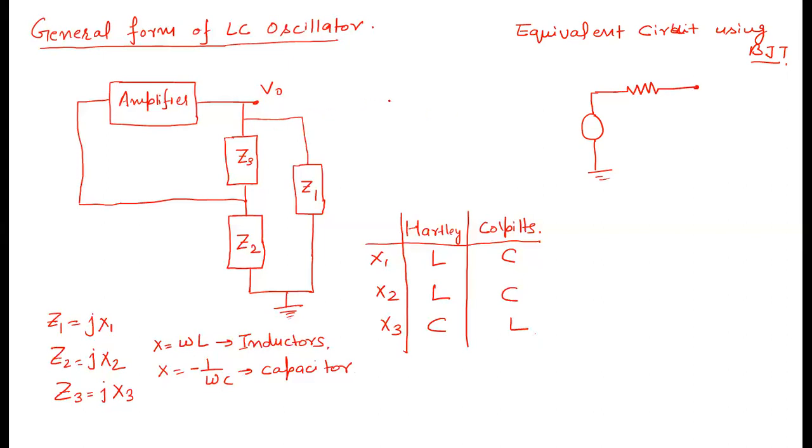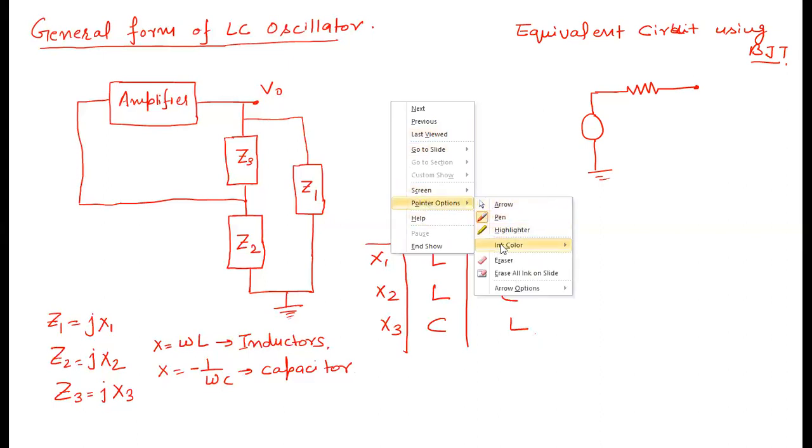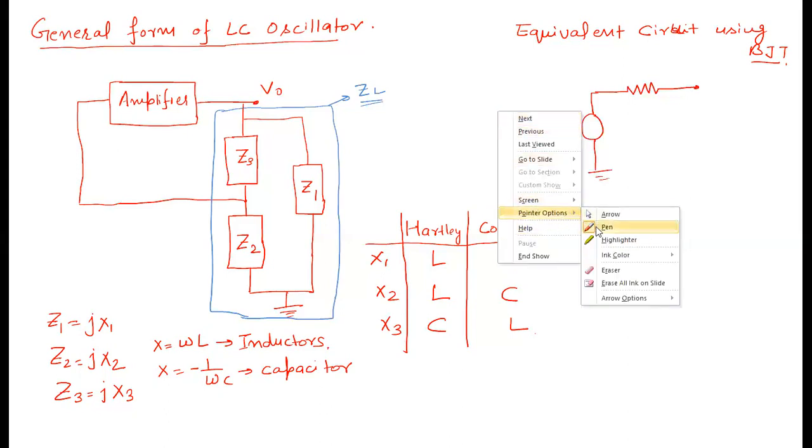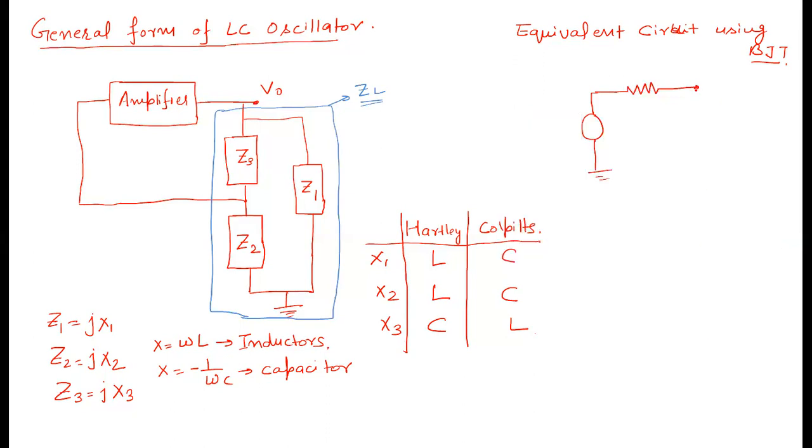If we consider the feedback network as a load and call it ZL, then in the equivalent circuit we have ZL, and across it the feedback voltage VF.